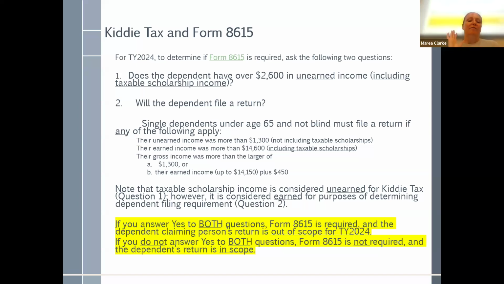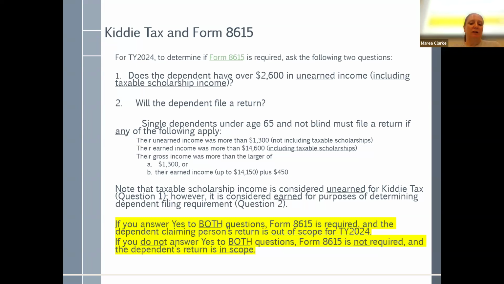So if the dependent has more than $2,600 of unearned income, including taxable scholarship income, they may need to file that Form 8615. It is out of scope for us. We don't talk about how to do that. It is generally not common.